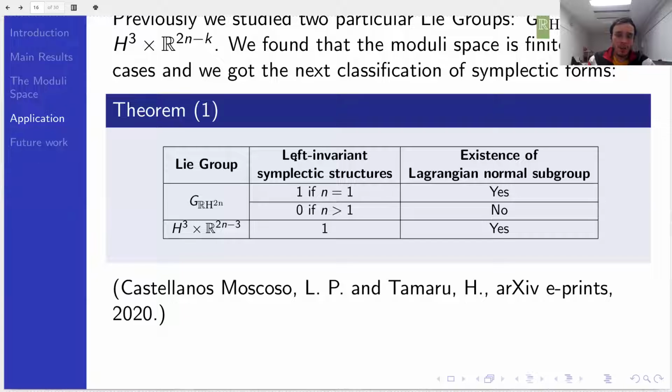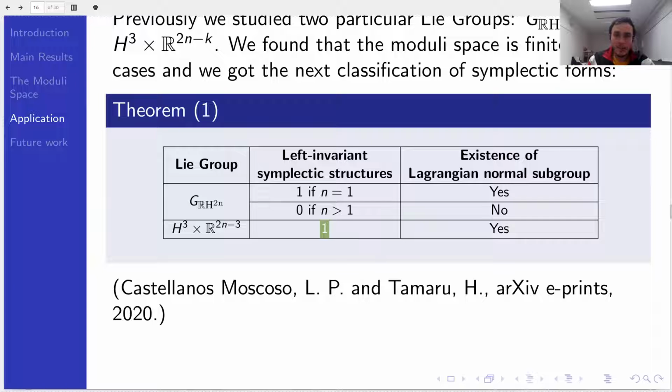Up to symplectomorphism and scale, there is only one symplectic structure if n is equal to 1 in this Lie group, and there is none if n is bigger than 1. And in this case, there is only one up to symplectomorphism and scale. This is the same as saying that in the orbit space there is only one orbit that corresponds to a closed two form.